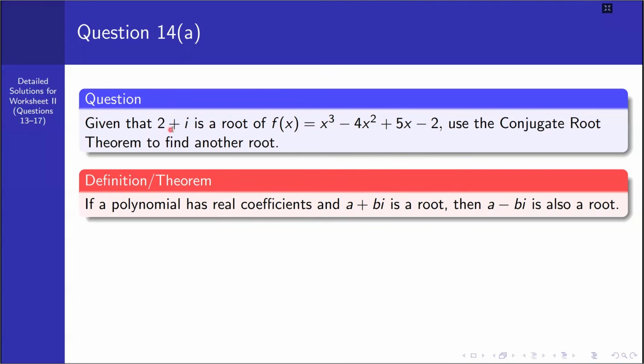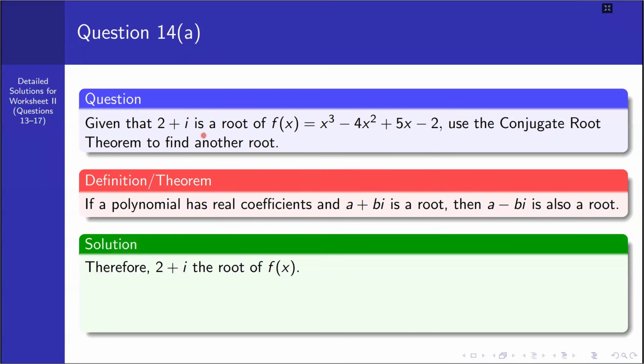Here we are told 2 plus i is a root, so its conjugate root is the complex number 2 minus i. Therefore the complex conjugate root of this polynomial function could be 2 minus i.